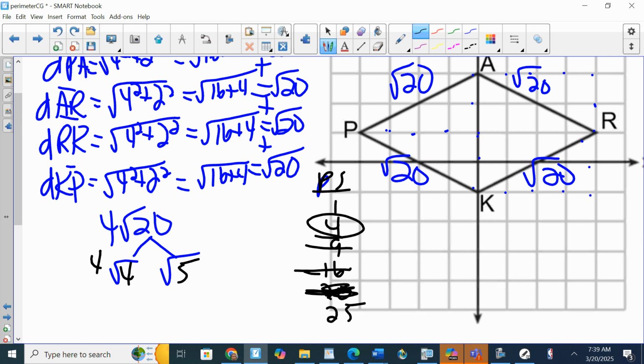The 4 in front comes down. I take the square root of 4, which is 2. Radical 5. So again, if you don't know how to reduce a radical or to add radicals, watch that first. I'm not going to go over that in detail, but once I have my answer, I have to reduce my radical. So let's go over one more now where you're not going to have all like terms.